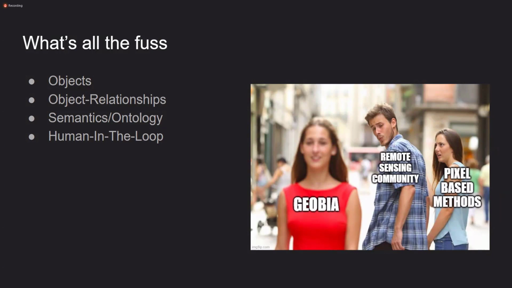And object-based image analysis is very useful for connecting those mechanistic or computational methods to human interpretation. And that's because of this idea of objects and our ability also to use something called rule-based classification.